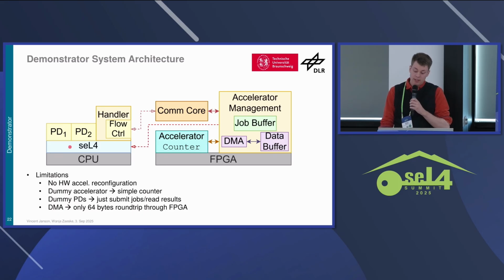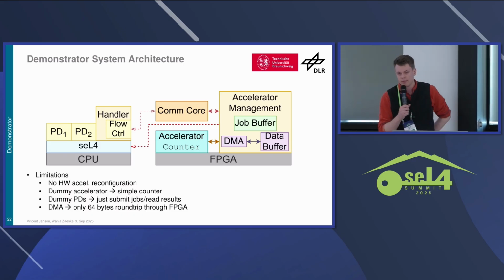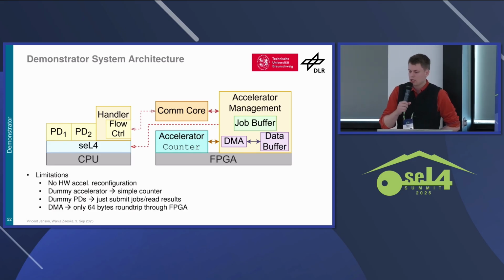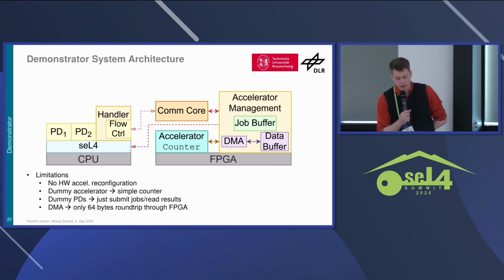In particular, we have two protection domains here, and we opted for skipping actually implementing the hardware acceleration. Instead, the hardware acceleration is just a mock-up, which counts a counter upwards. So there's some delay in the hardware that is quite predictable, but it doesn't do any actual number crunching that goes beyond add one.